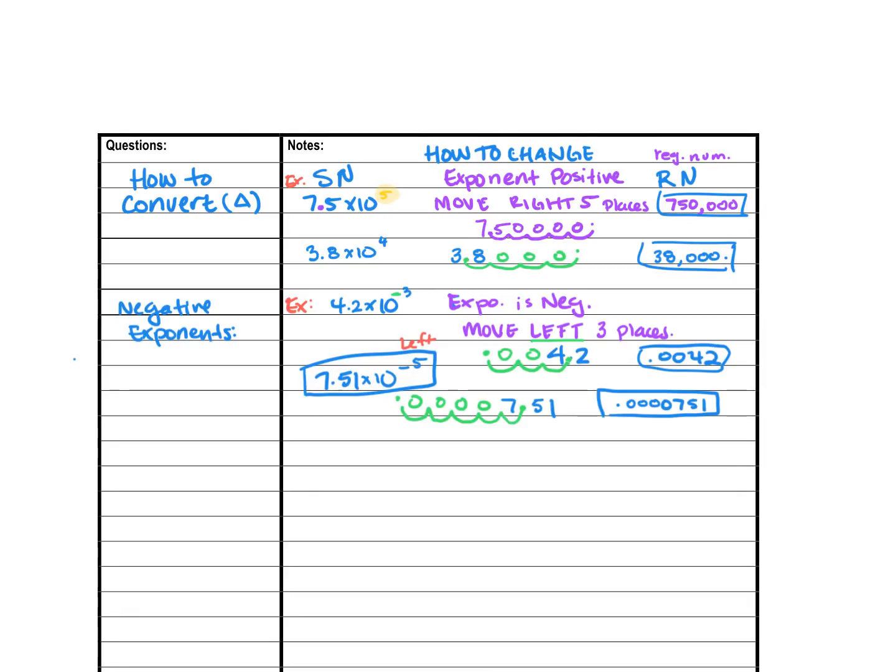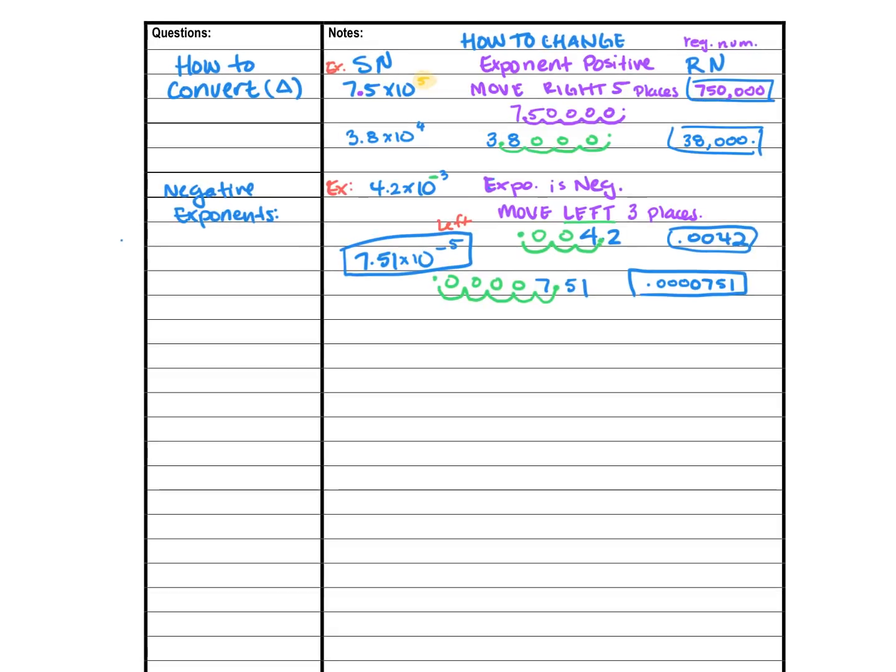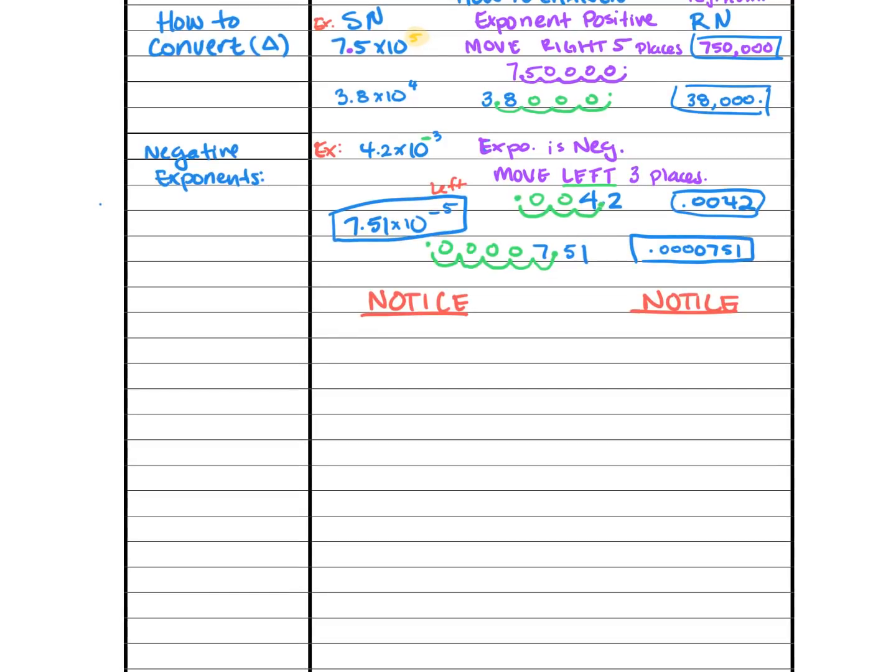All right. So we're going to go to the summary. I want you to notice 2 different things, and then we're done with notes. You're going to go to quizzes after. Okay, if I were to do 7.5 times 10 to the 0, 7.5 times 10 to the 1, 7.5 times 10 to the 2, 7.5 times 10 to the 3.